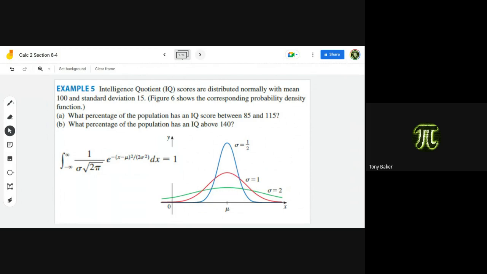But technically, based on the way standard deviation and the bell curve work, somebody could have 1,000 IQ. The chances of it happening are next to none, but since it goes out to infinity and never gets to 0, there's a chance that could happen. Okay, so the limits of integration are IQ score. Not people, no, the IQ score.